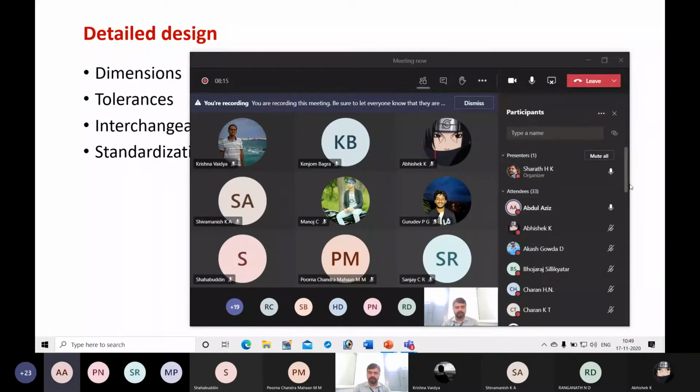Minimum and maximum deviations allowed. Okay, minimum and maximum deviations allowed. What are the advantages of specifying tolerances? What are the advantages that you can gain by specifying tolerances for any product or for any drawing?